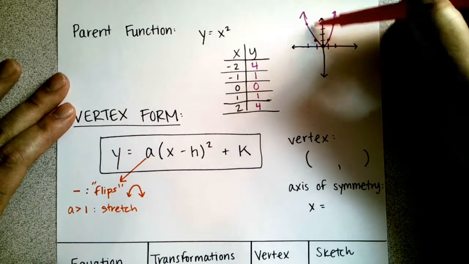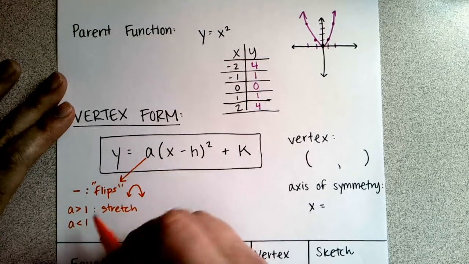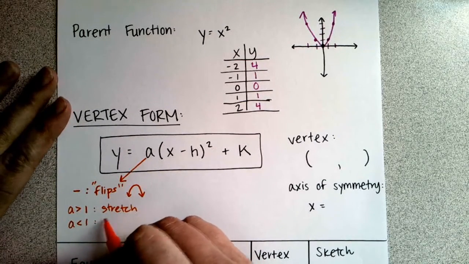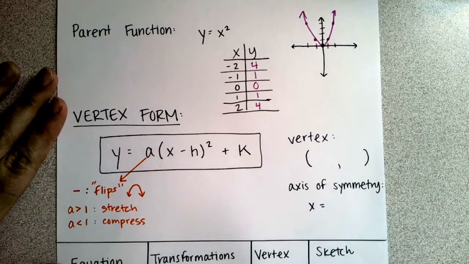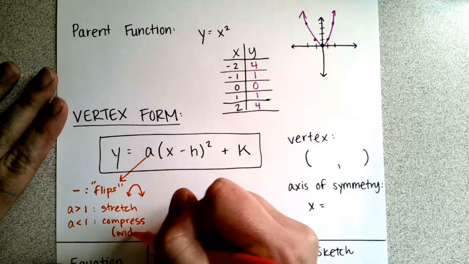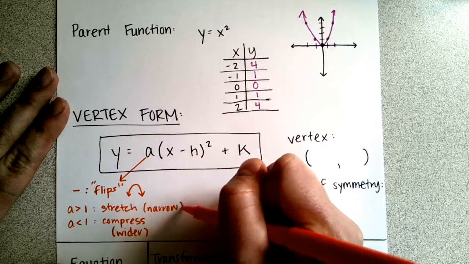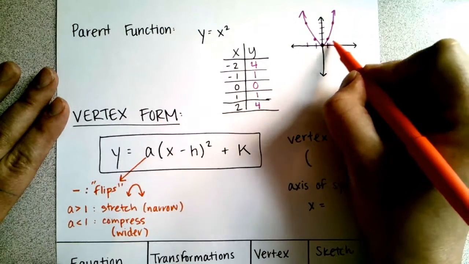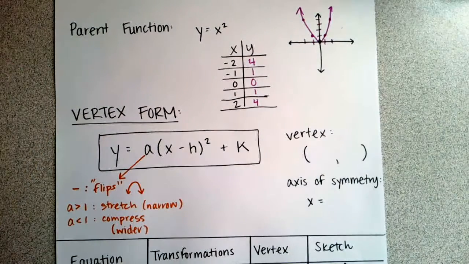And if an a value is less than 1, for example 1/2, it compresses it. So then it would become wider. A compression kind of squishes everything down so that the parabola becomes wider. That's what the a value does.